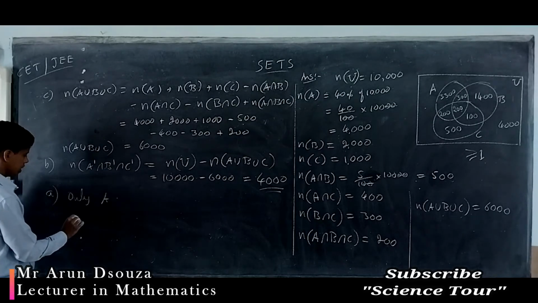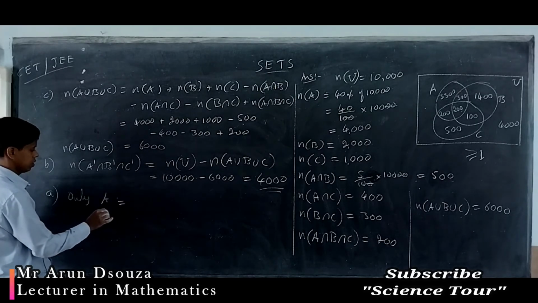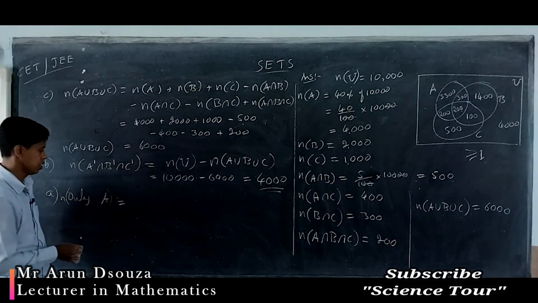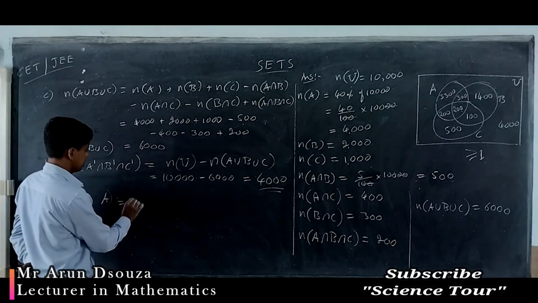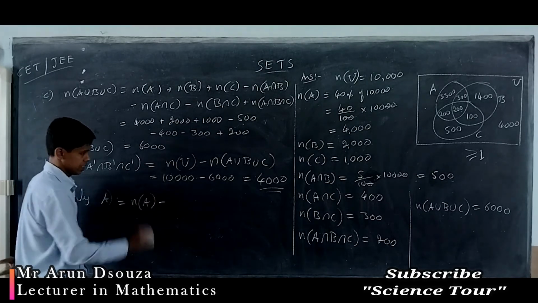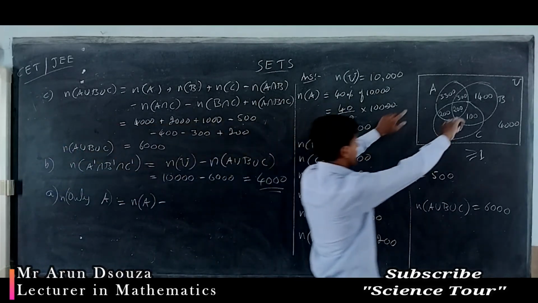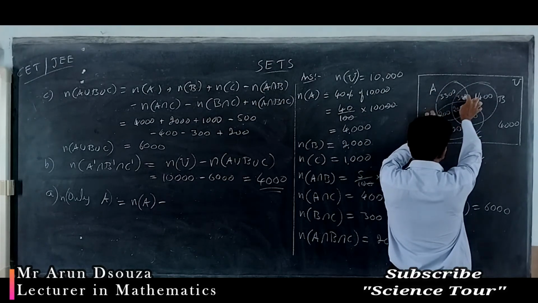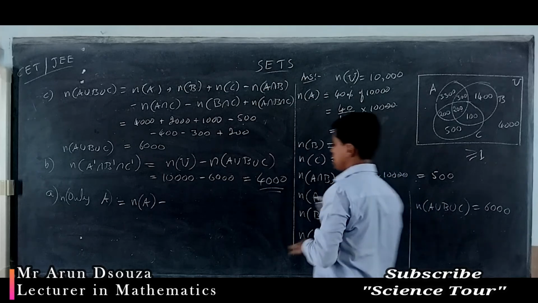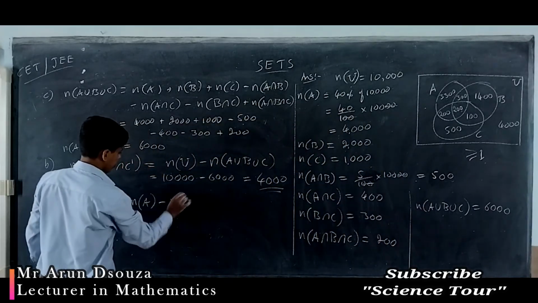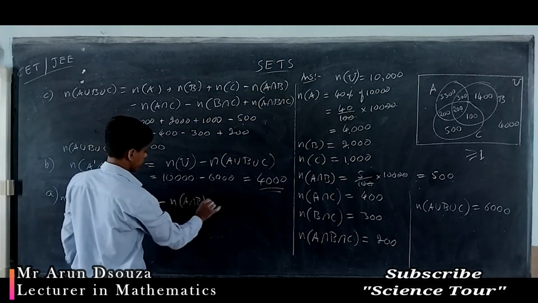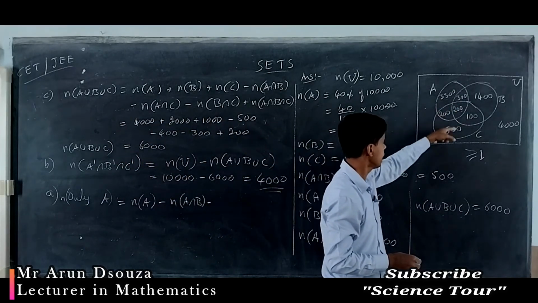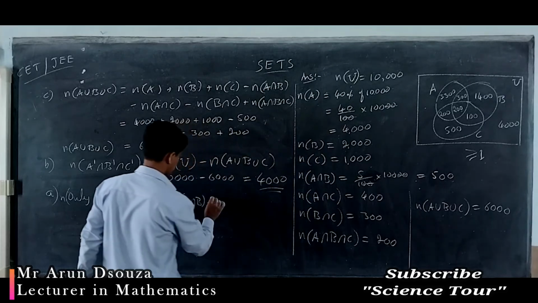Only A is nothing but the number of elements in only A. So that is n of A minus, understand, n of A. From this, what you need to subtract? A intersection B, and you have to subtract this region also, that is A intersection C.